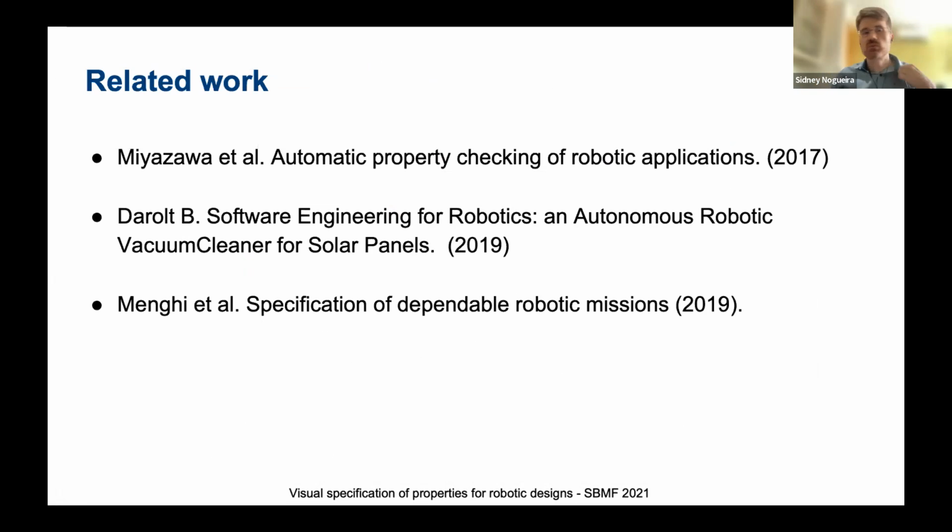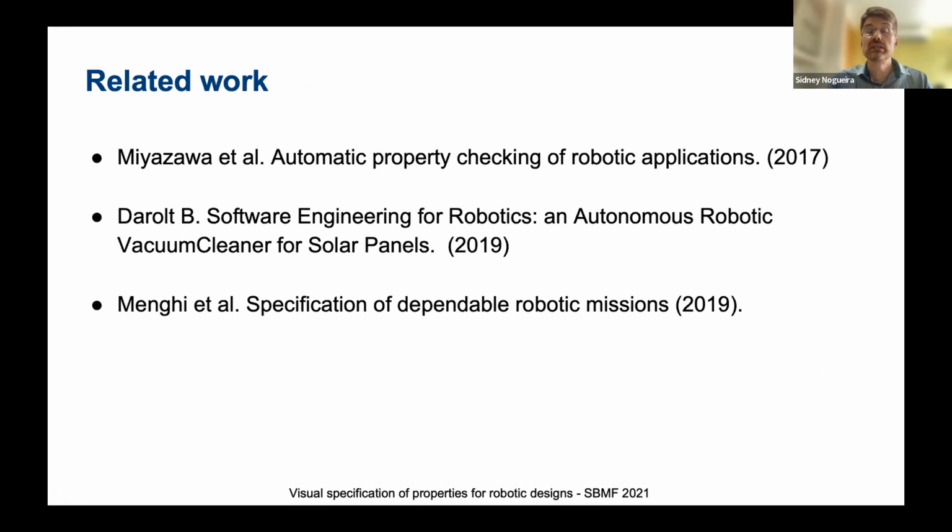Talking about existing work, this is the first work in which we propose a diagrammatic language for RoboChat. The first two works are in the context of RoboTool. The first one defined a language where you can define some refinements and check classical properties of CSP.